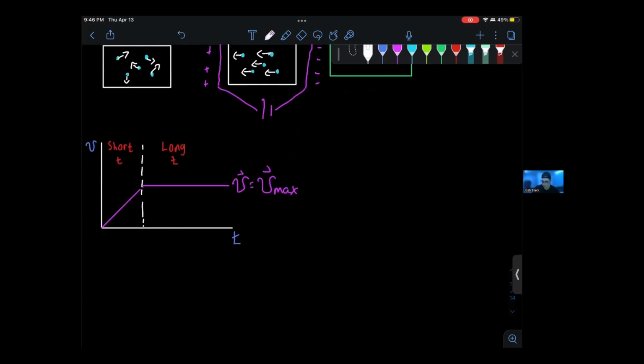If we were to model this a different way, we would say the velocity of our electrons is equal to the velocity of the free electrons multiplied by 1 minus the exponential of negative charge times the electric field divided by the mass times the free electron velocity times t.